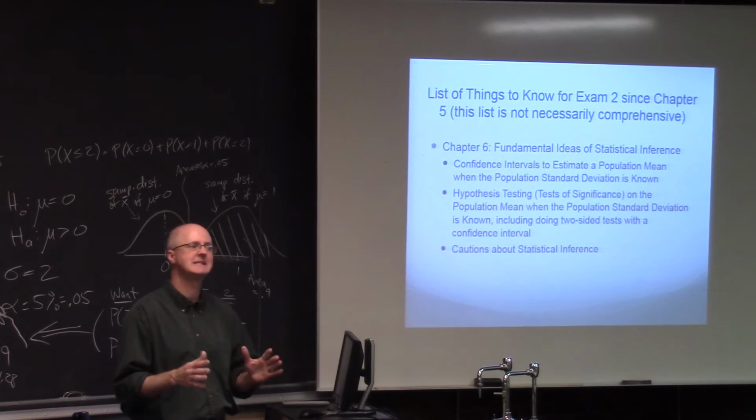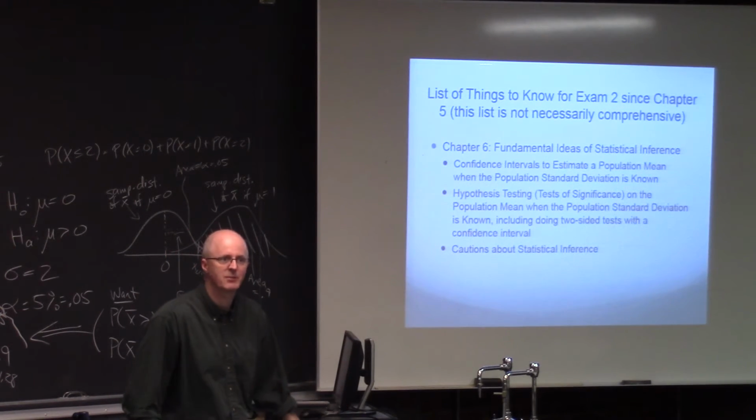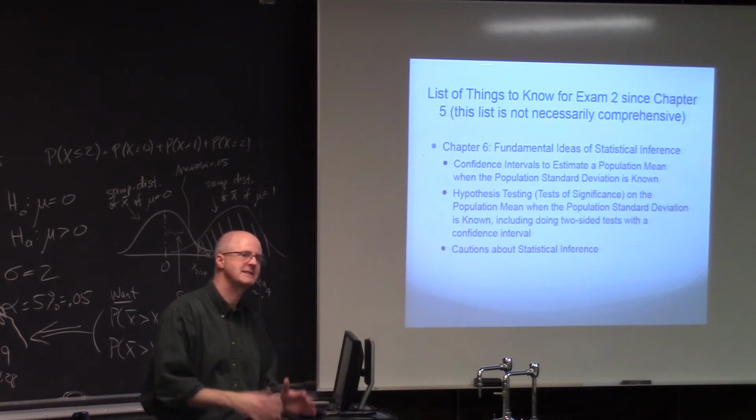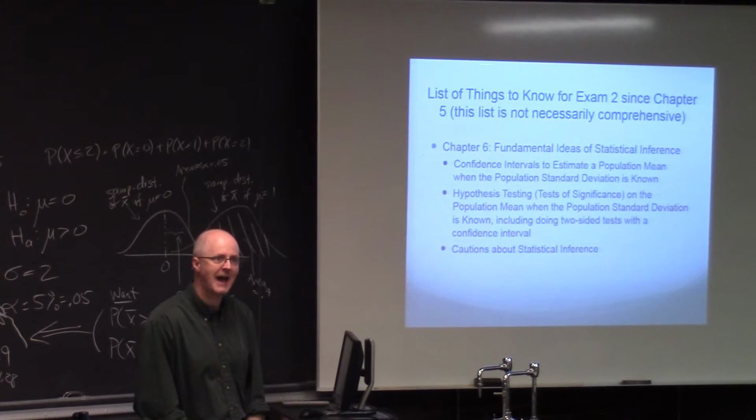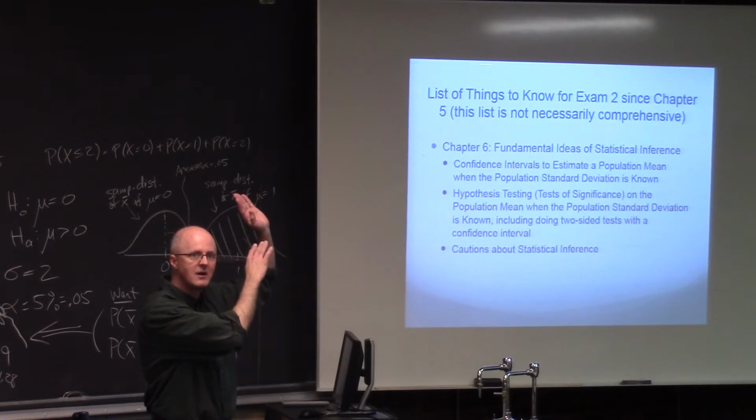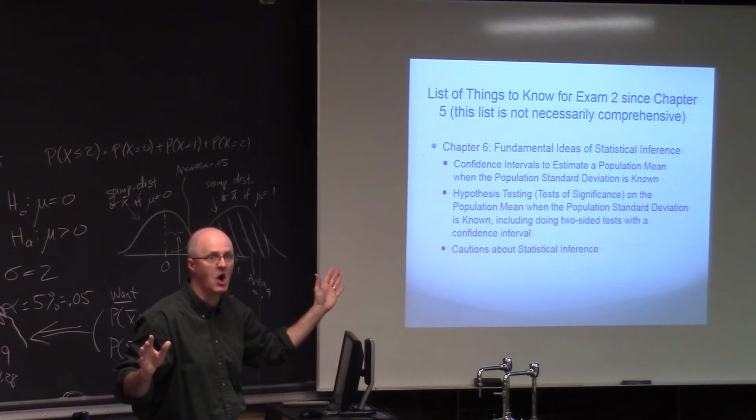Another big caution is all this stuff only works when you're doing simple random sampling. These formulas, technically speaking, only work when you're doing simple random sampling. When you're not doing that, well, if it's biased sampling, everything is out the window. Don't do this kind of stuff at all if you're doing bad sampling.